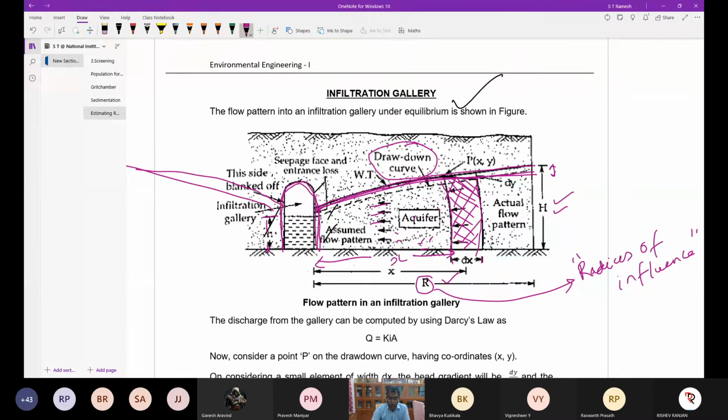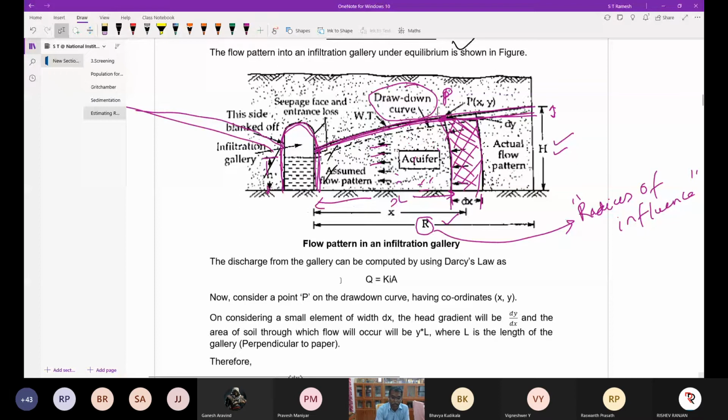Now I'm considering a small portion of aquifer with the dimensions of dx, or I may consider a point P here, which may have ordinates of x and y. So the discharge from a gallery can be calculated using Darcy's formula.